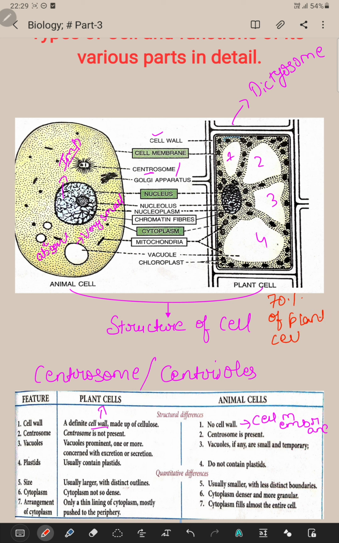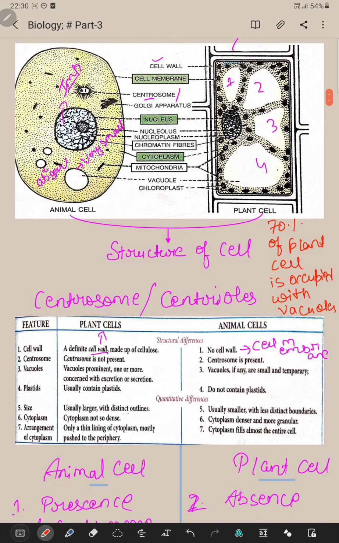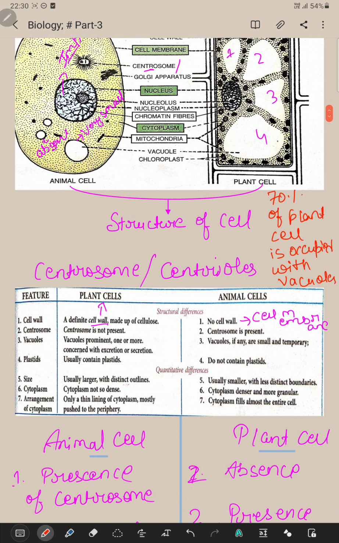Yes, this is a fact. Then vacuoles in animal cell, if present, are very small and temporary, meaning they will vanish also. And vacuoles are concerned with the excretion and secretion of water and different minerals which are required by the cell. We will talk about it also.